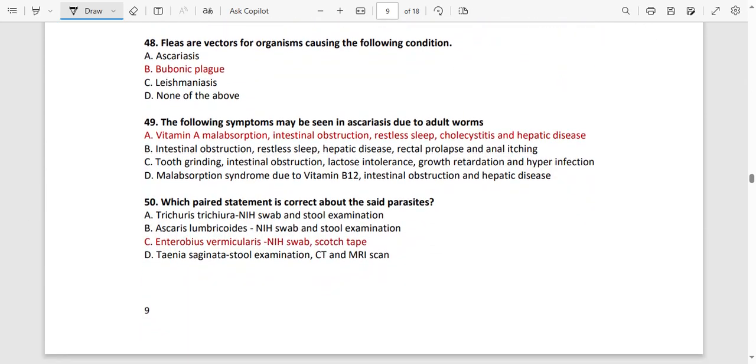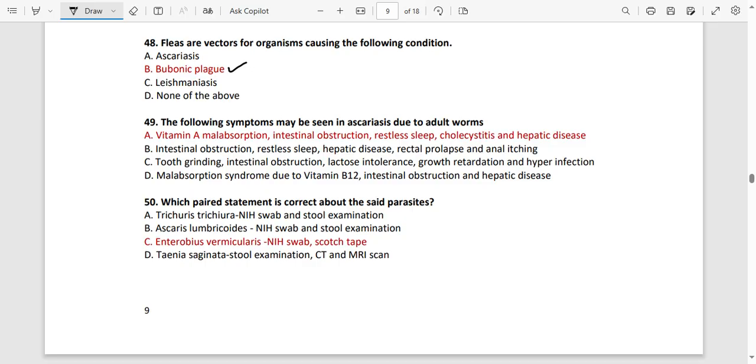Question 48. Fleas are vectors for organisms causing the following. So, bubonic plague, this is an example of what is known as the plague. There are three forms. You have the pneumonic, this bubonic. The plague is actually called the black death and not just plague. It's bad. Try to look at the history of the plague.